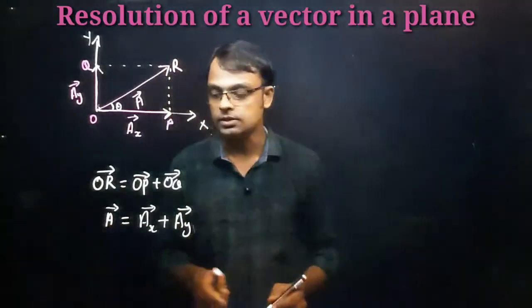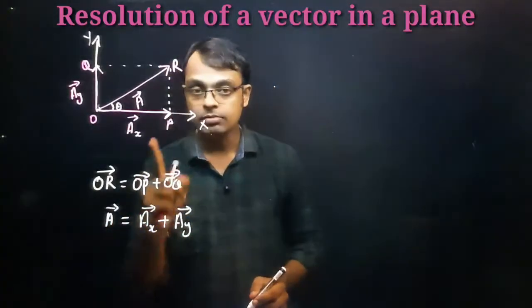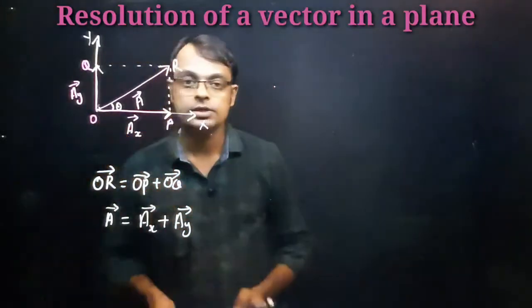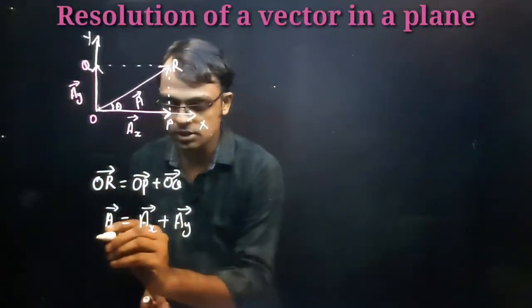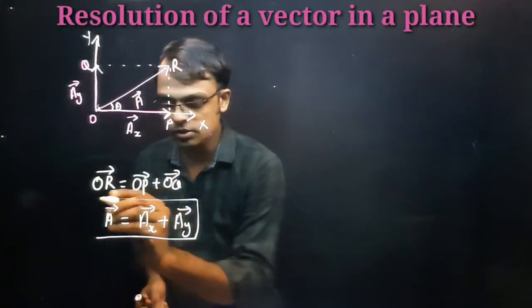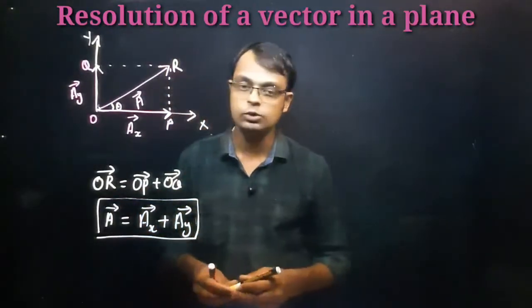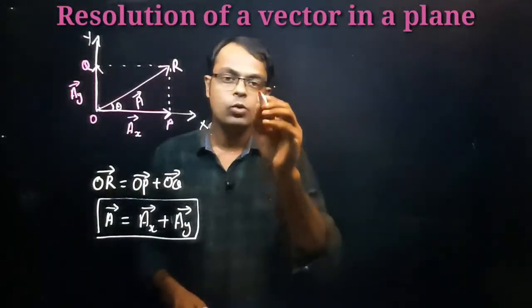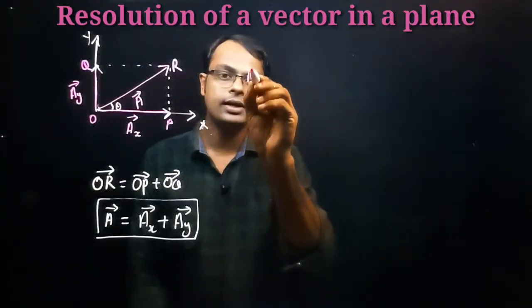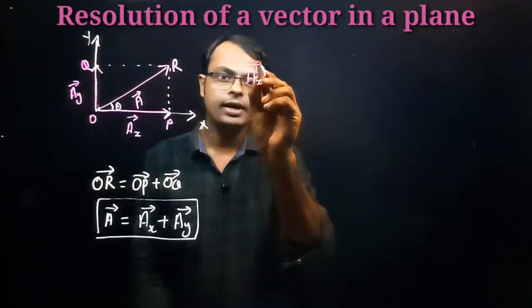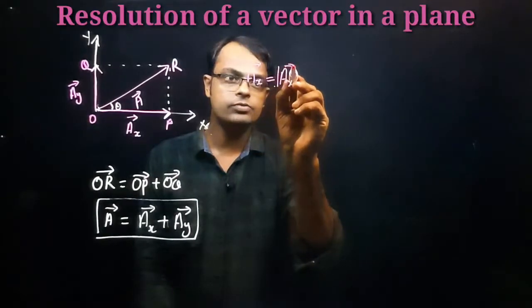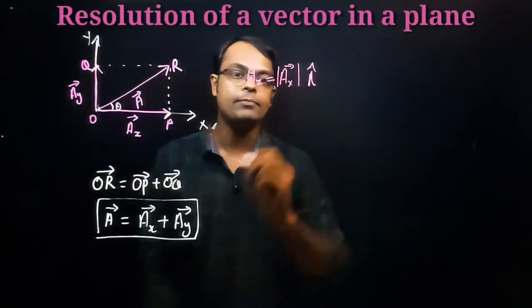What we are discussing here: the given vector A can be resolved into two components. One is along the x-axis and the other one is along the y-axis. So this is a general equation for resolution of a vector, splitting the vector into x-axis and y-axis components. Now we have already learned how we can write A_X vector. A_X vector can be written as modulus of A_X vector into i cap.